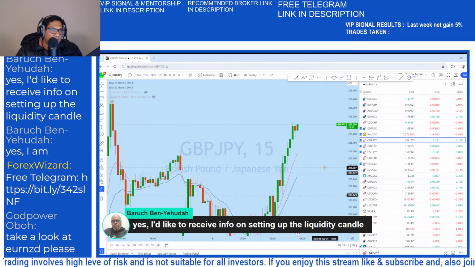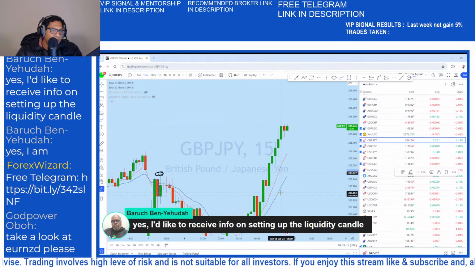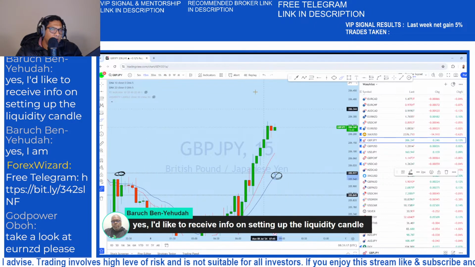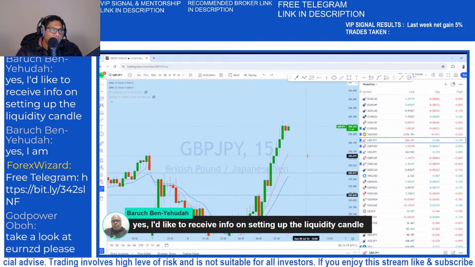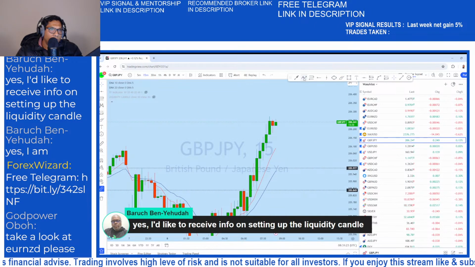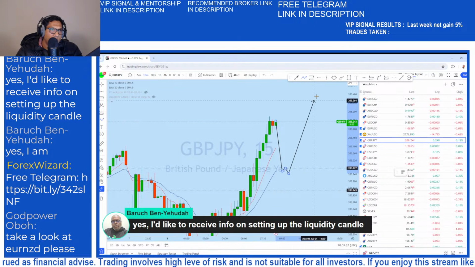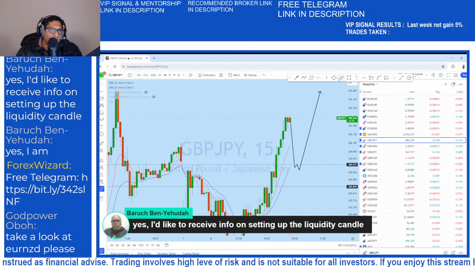We might see that the market, this is a resistance here, which is turning support here, and wanting to see GJ coming down here. So we can expect on GJ for the price to break and then trend in that direction.